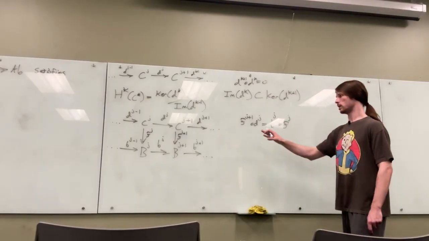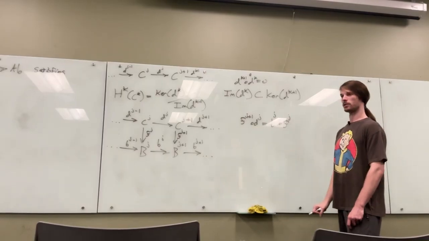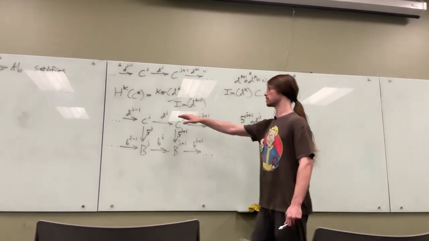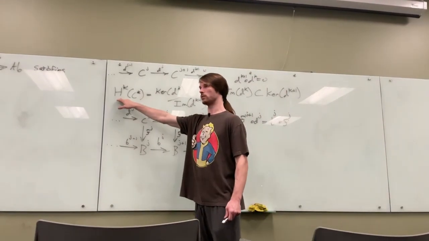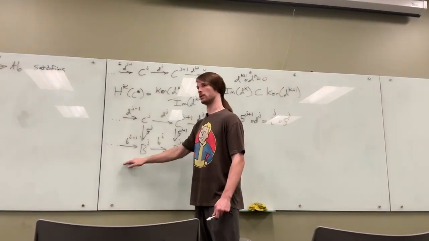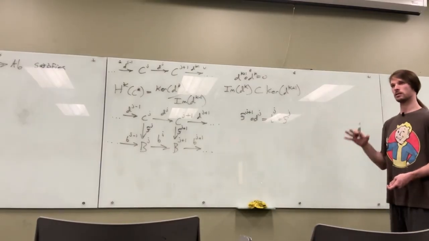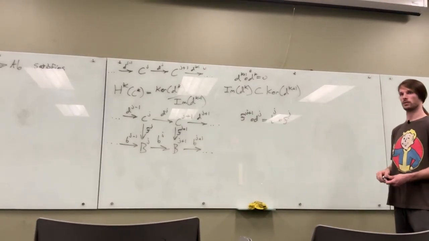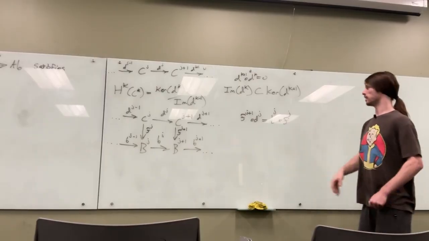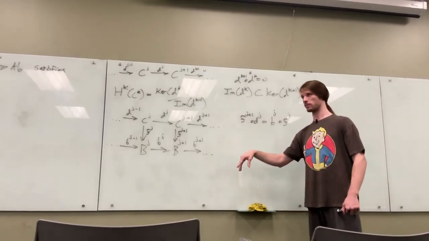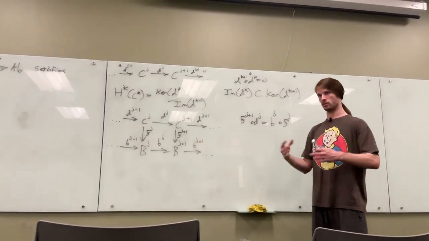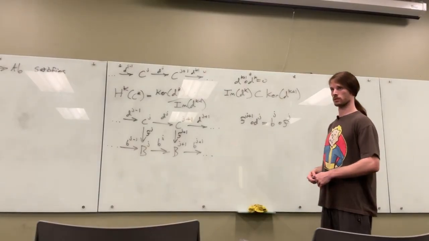Now, this sequence of morphisms can also be associated to a sequence of homomorphisms between the associated cohomology groups of these two sequences. So this association that I have of cochain complexes to sequences of groups is in fact functorial, which means that if I have two of these morphisms and I compose them together, H sends that composition to the composition of the images of those morphisms.